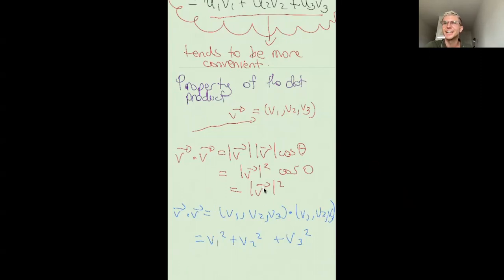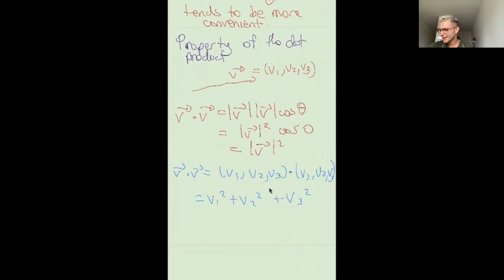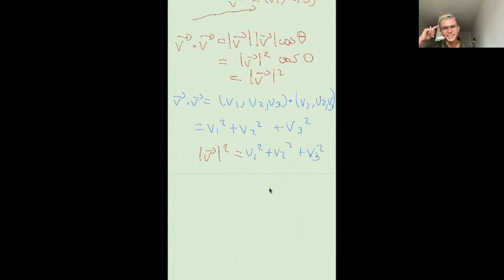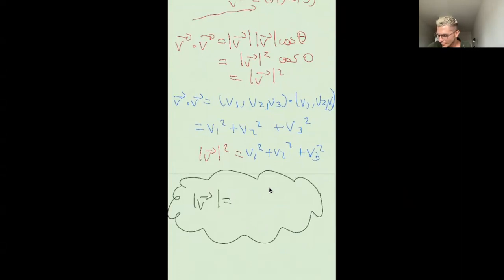So that tells you that the size squared of a vector is v1 squared plus v2 squared plus v3 squared, which tells you that the size of a vector is the square root of v1 squared plus v2 squared plus v3 squared.